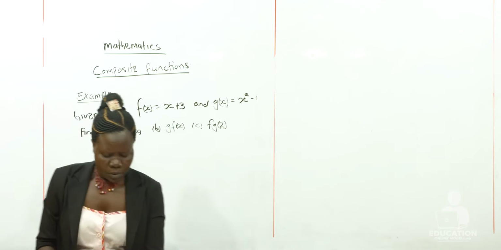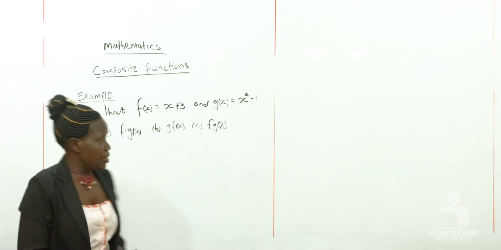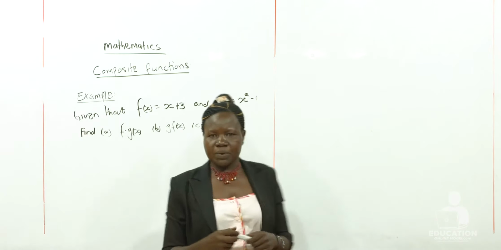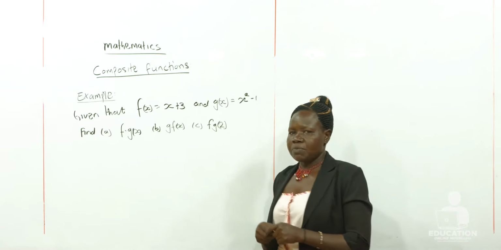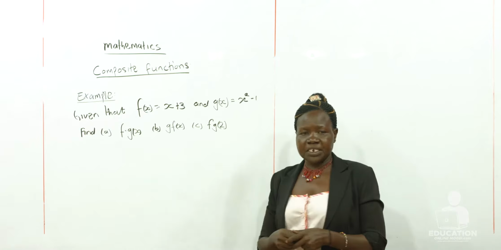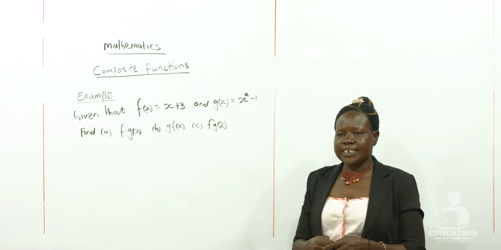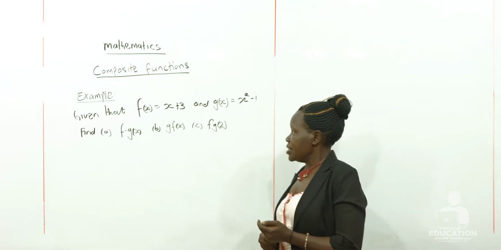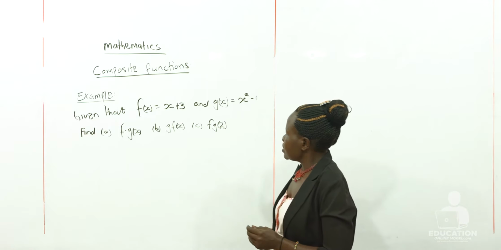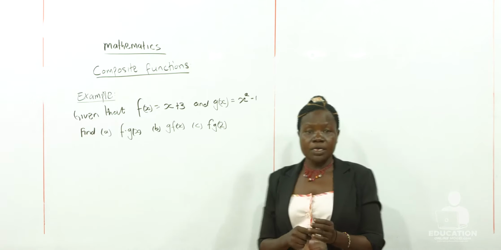So remember, in our first example under composite functions, we said composite functions are functions which are made up of many different functions, meaning that it is more than one. And we looked at an example on a simple, what we call, linear equation.